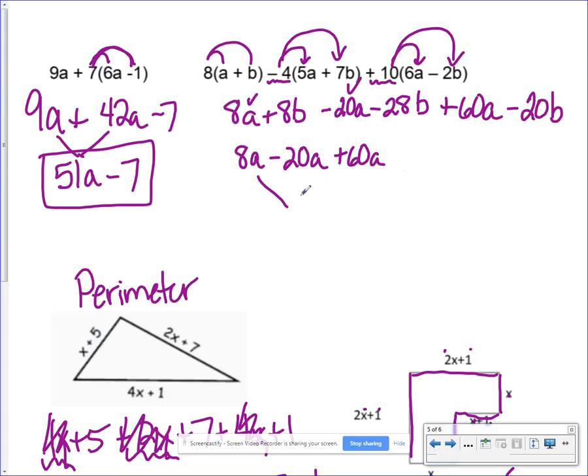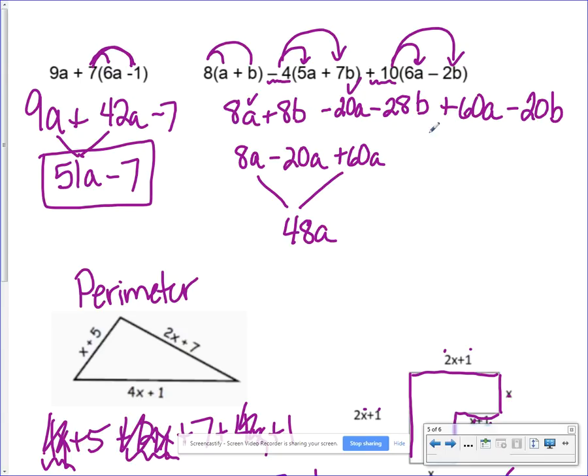Ouch, it's making my head hurt here. Hold on. Oh, let's see. 8 and negative 20, that's negative 12. Ooh, I think I'm going to do these two first. Negative 20 and a positive 60 is 48. There we go. Oh, you could do negative 12 plus 60. It still gives you 48.